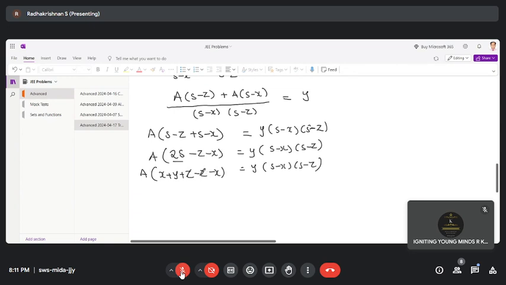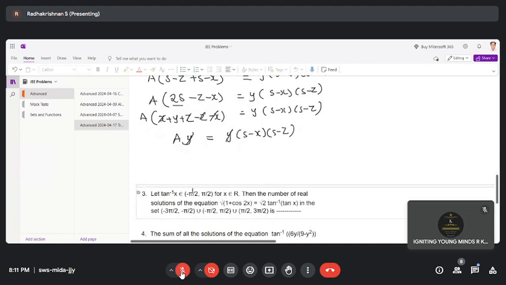You see that all these things get cancelled out. And y, that's what remains here. Again, y also gets cancelled out. So what we get is s minus x into s minus z equal to a. Okay. Now let us do some more simplification.